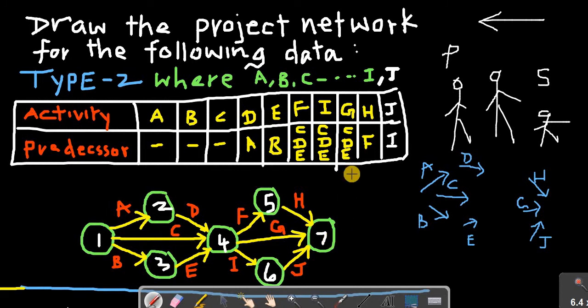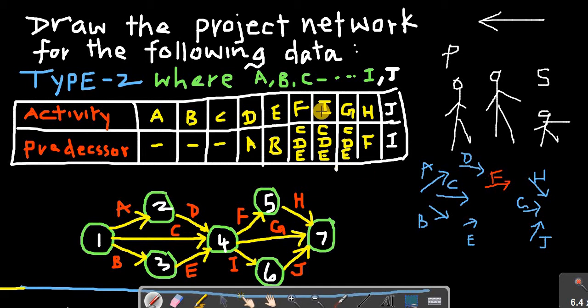Am I correct? Then F has the predecessor as C, D, E. So F must be somewhere here, because that is a predecessor of F, C, D, E.